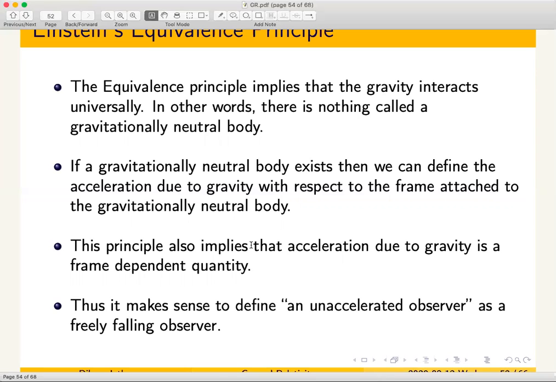Either you hold it by hand, or you have a thruster which continuously applies a force. So in that sense, an object held fixed 10 feet above the surface is an accelerated object, because it has to have a force acting on it to stay in its place.